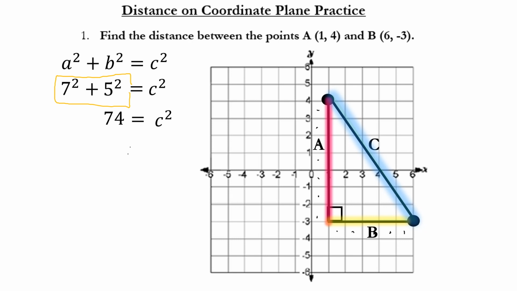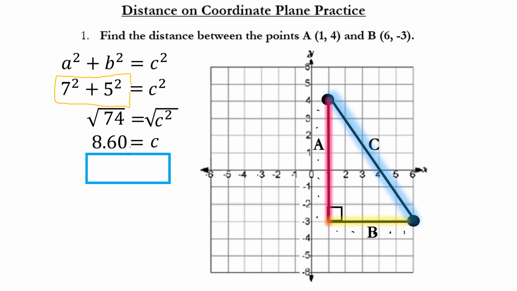The most important thing to remember is your final step is to always take the square root. 74 is not our answer because C doesn't have an exponent, so we have to get that exponent of 2 to go away. When you type in 74 and hit the square root button, you get 8.60, and that equals C. Let's go ahead and round this to the nearest tenth.